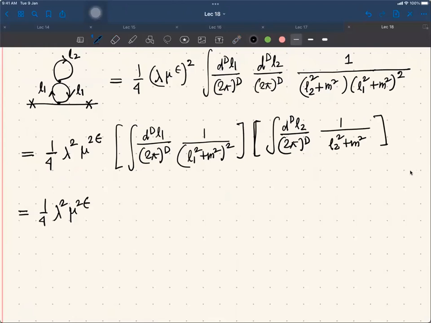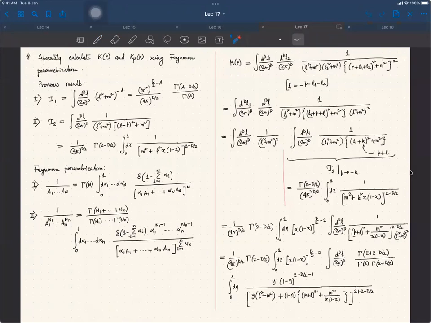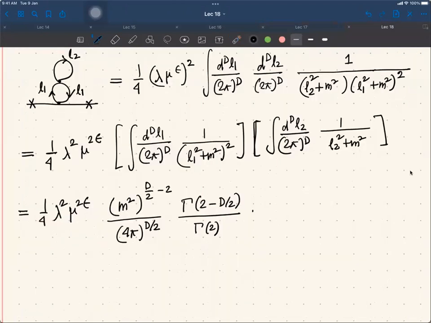So for I1 with A equal to 2, which is m squared to the power d by 2 minus 2, divided by 4 pi to the power d by 2, gamma 2 minus d by 2 divided by gamma 2, times the other one, which is for A equal to 1, m square to the power d by 2 minus 1, over 4 pi.